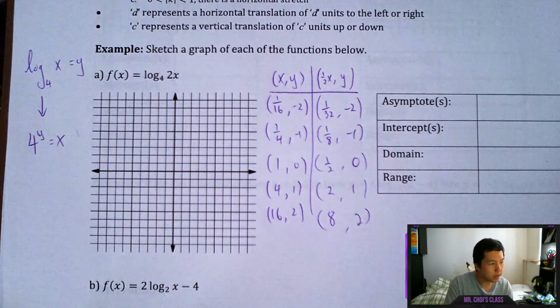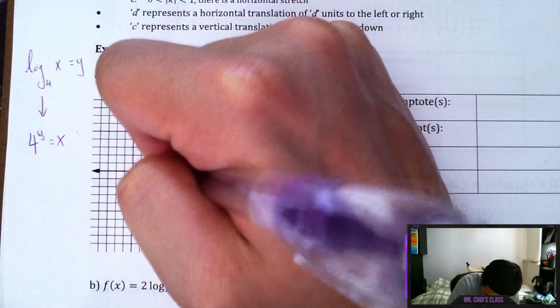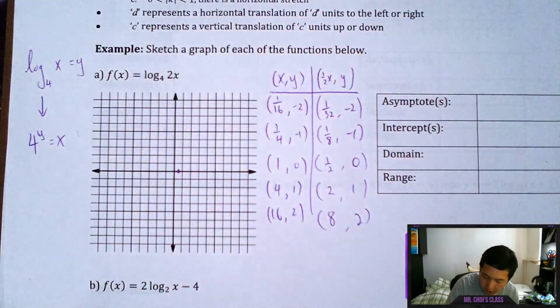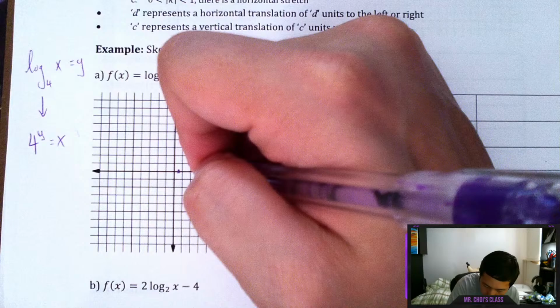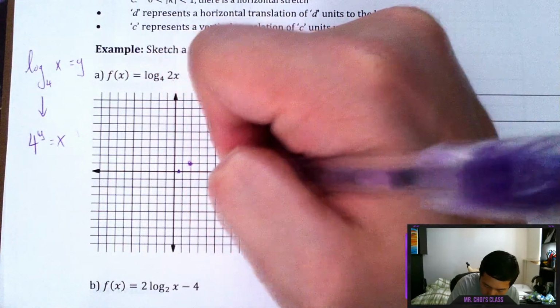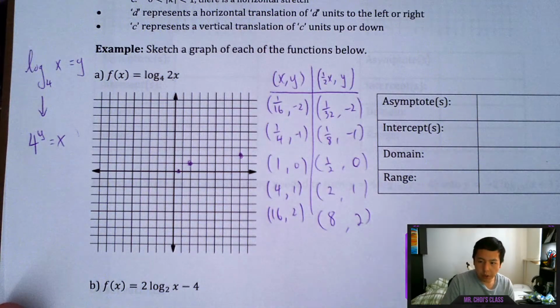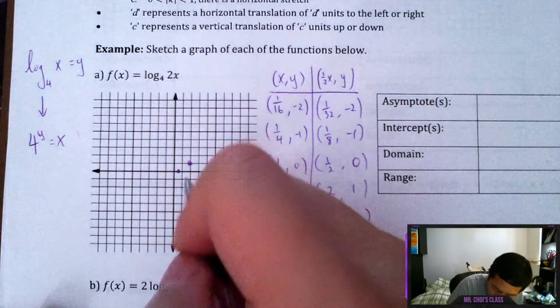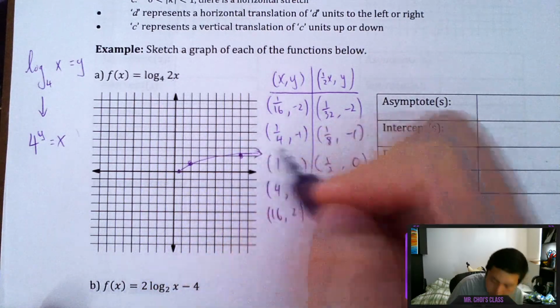So plotting this out as best as possible, we have 0, 1, 2, and then 3, 4, 5, 6, 7, 8. So far we have this portion, which we can draw with an arrow.